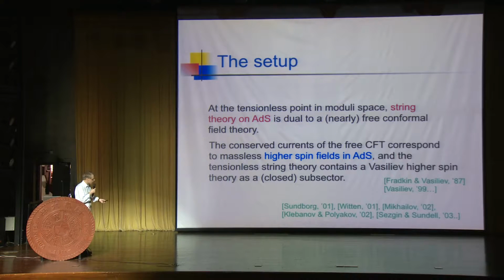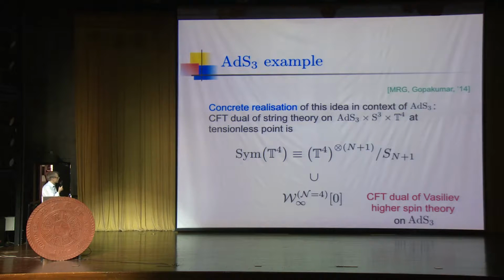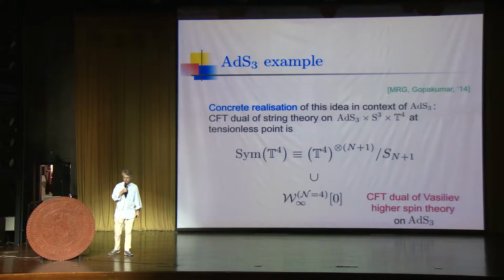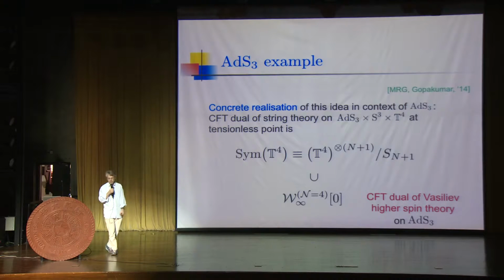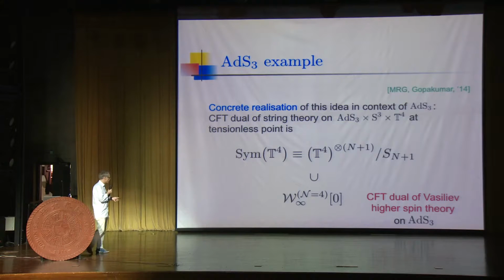So this is an old idea, and there is one concrete realization of it in the context of AdS3, namely, as you all know, the CFT dual of string theory on AdS3 cross S3 cross T4 is the symmetric orbifold of T4, which contains in particular a large W infinity algebra, this W infinity of N equals 4 algebra.